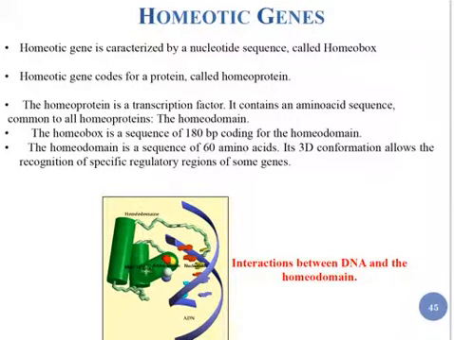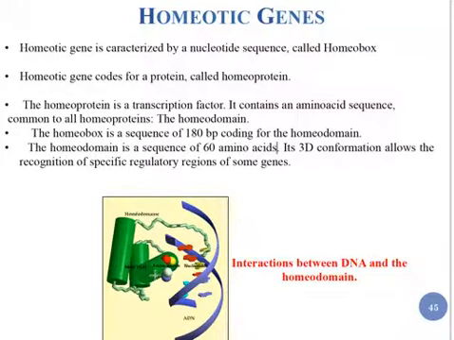You know, every protein has a domain. Here the domain of the homeoprotein is called the homeodomain. This homeodomain is a very small domain. It's formed of only about 60 amino acids, and it has a conformation of helix, loop, helix, helix, loop, helix.